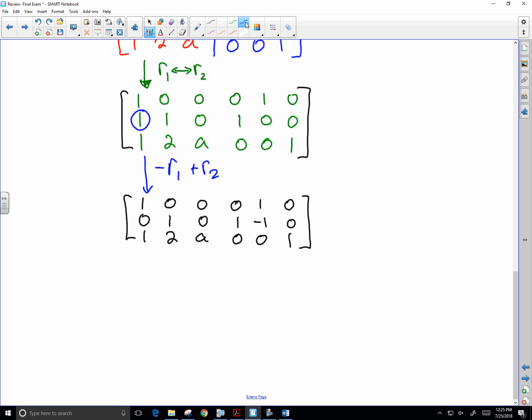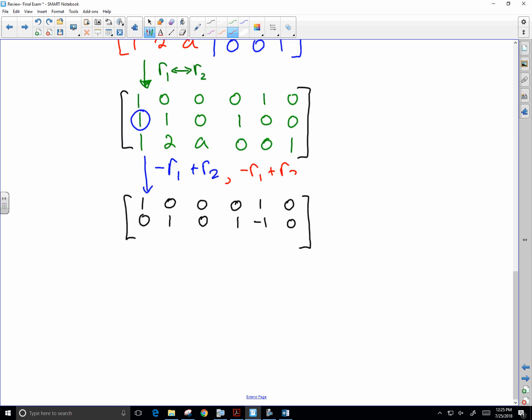All right, so then I have a few things that need to go away. Actually, let me erase the bottom row because it could have been a simultaneous step.